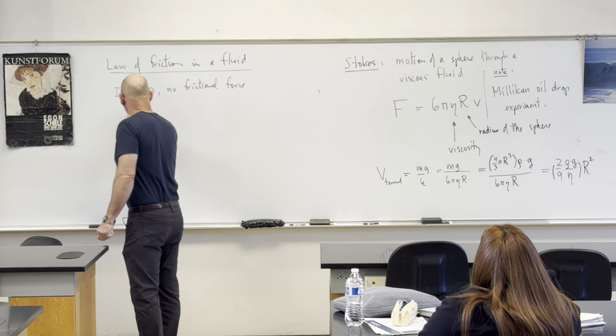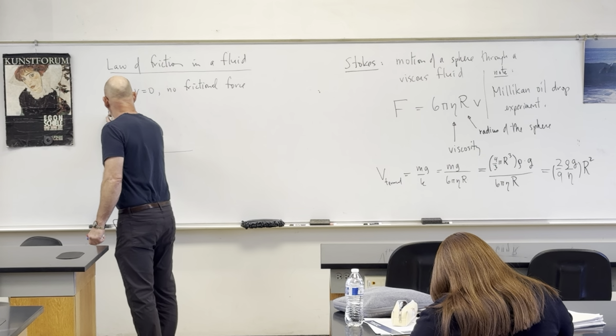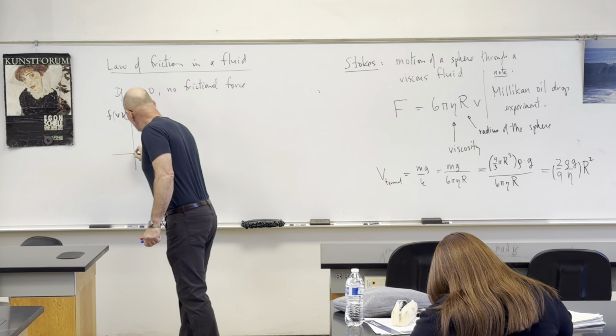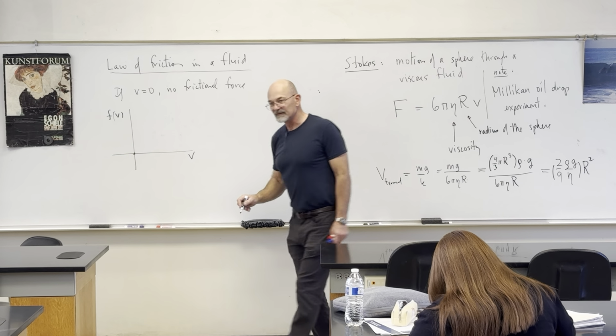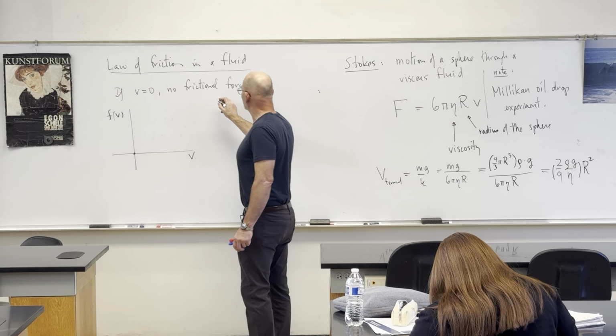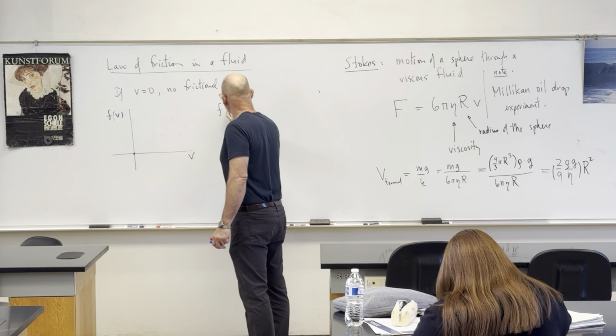So let's go ahead and say we have f of v as a function of v. We already know that it starts at the origin. So let's expand f of v into a Taylor series.